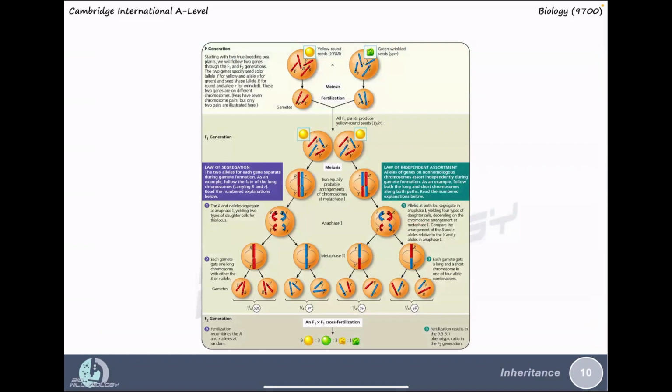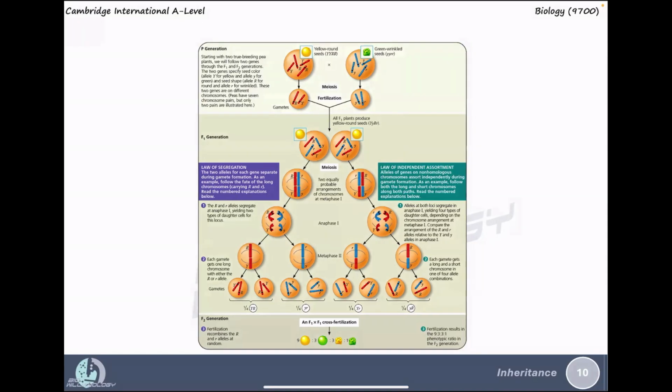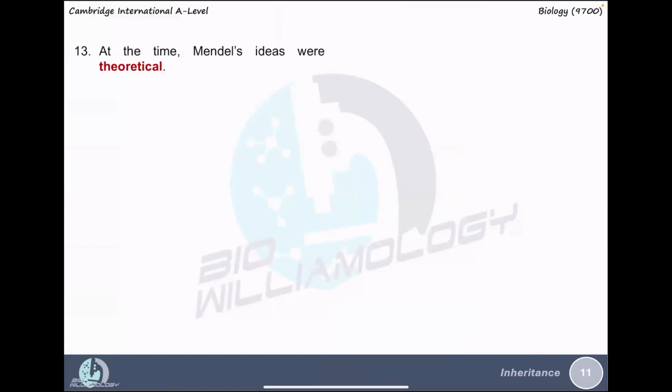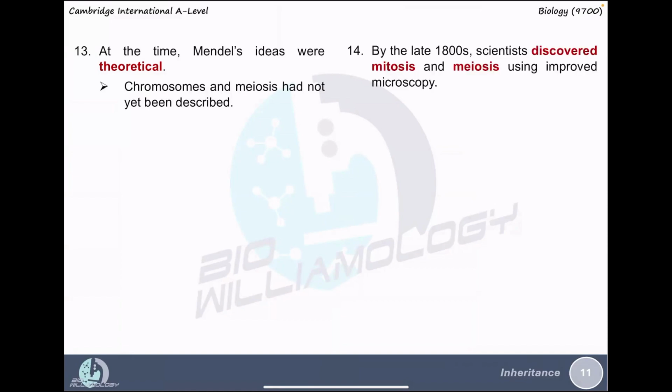This diagram summarizes the law of segregation as well as the law of independent assortment, which results in the 3:1 phenotypic ratio for a monohybrid cross and 9:3:3:1 in the dihybrid cross. At that time, Mendel's ideas were theoretical, because chromosomes and meiosis had not yet been described.